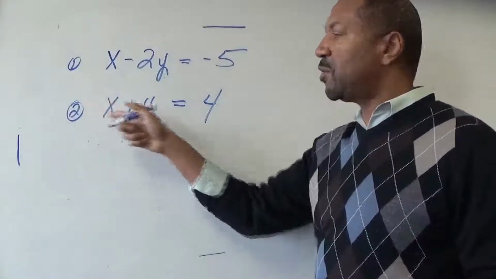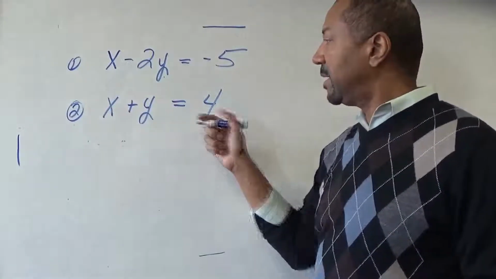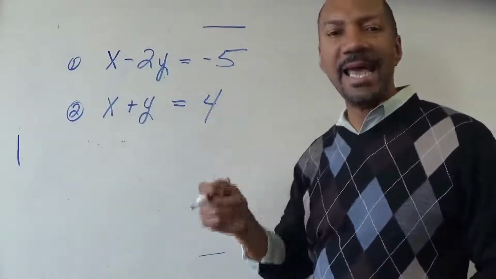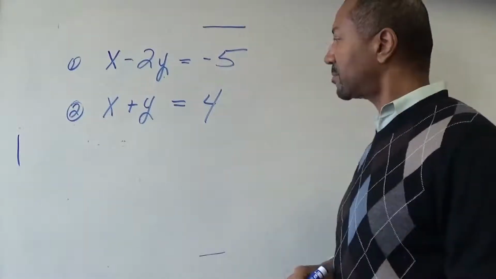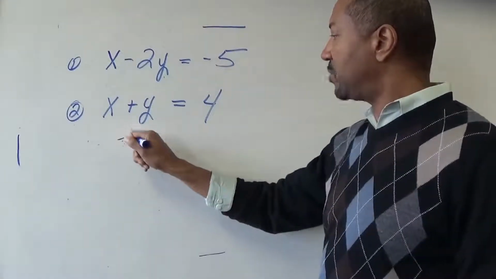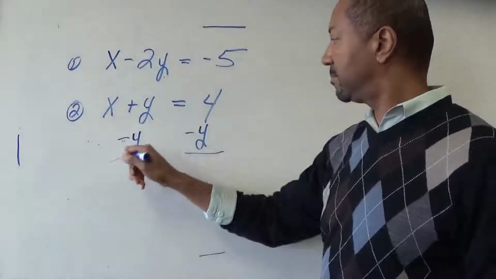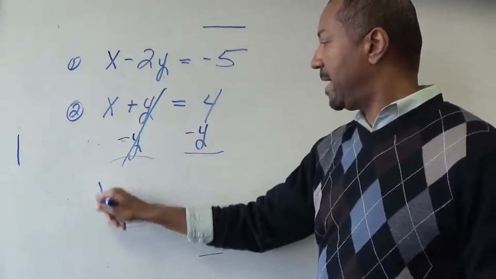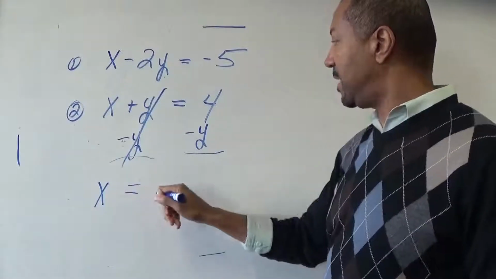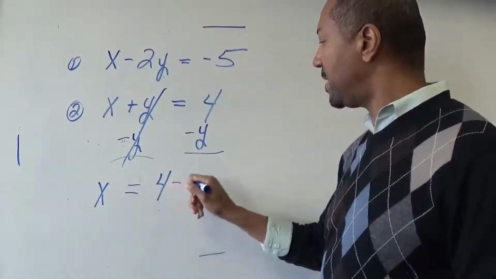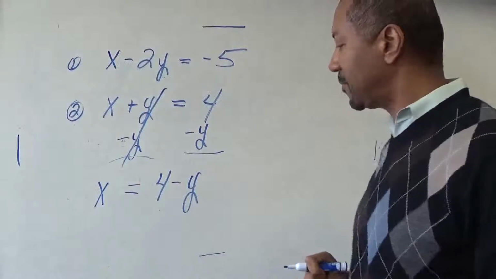Let's just use equation 2. Let's rearrange this to get the x by itself. So I will subtract y from both sides. And now I can see that x is equal to 4 minus y.